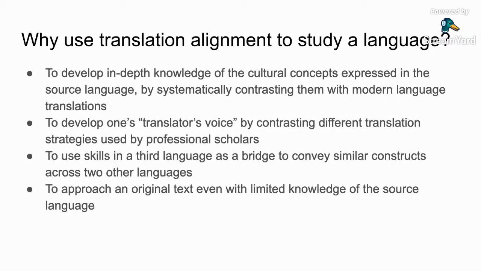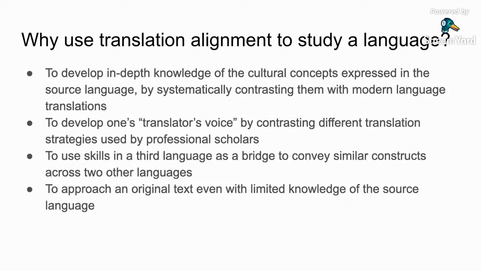Translation alignment is a very good analytical method to compare and contrast how specific words and specific concepts are expressed across languages. Because it is systematic, it forces you to enter into a dialogue with the source and try to understand how that specific cultural concept finds a correspondence or doesn't find a correspondence in available translations.